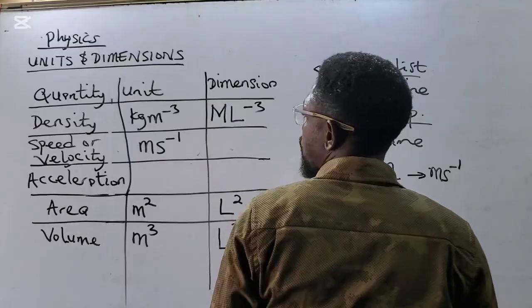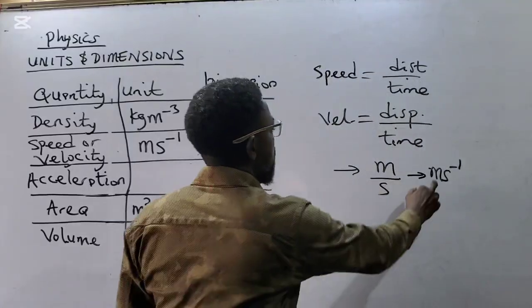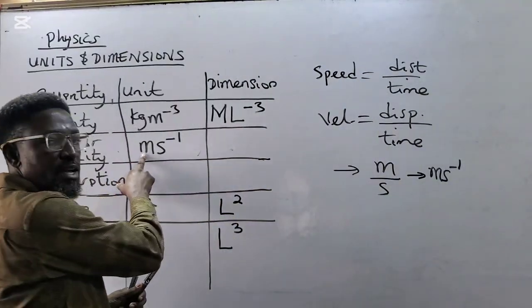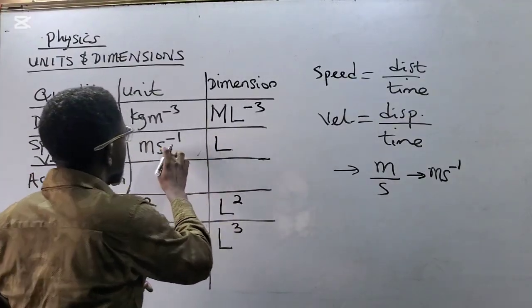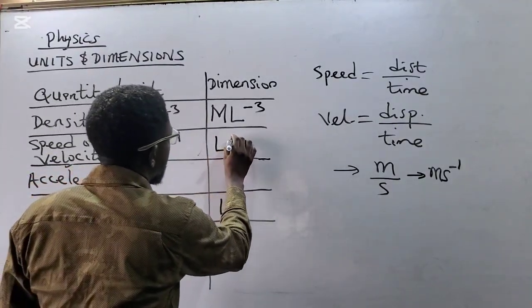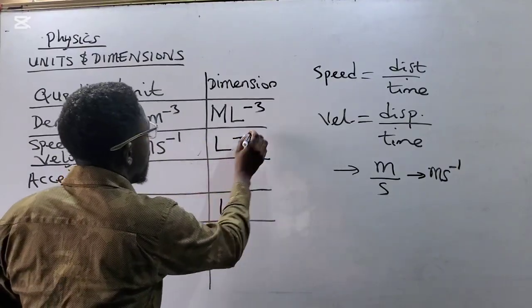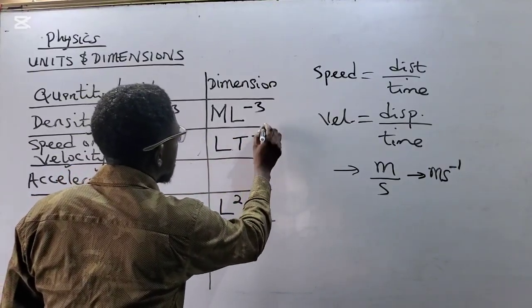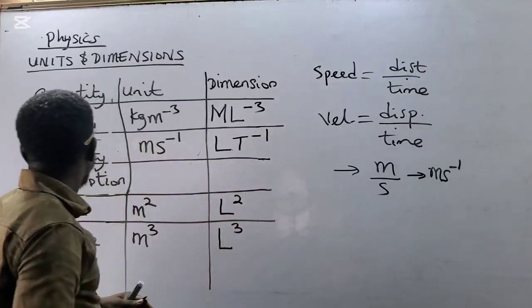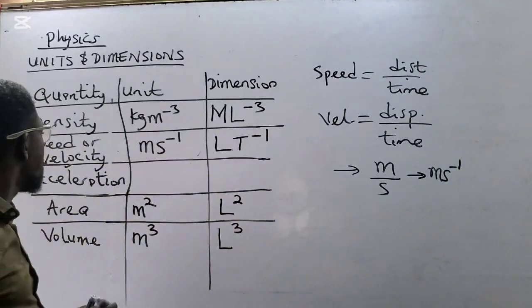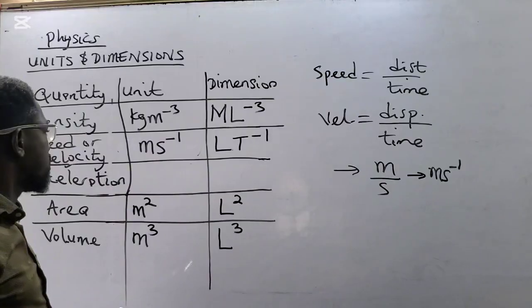So the dimension of speed or velocity from here: the meter speaks of length, second speaks of time, then to power minus 1. That becomes the dimension of speed or velocity.